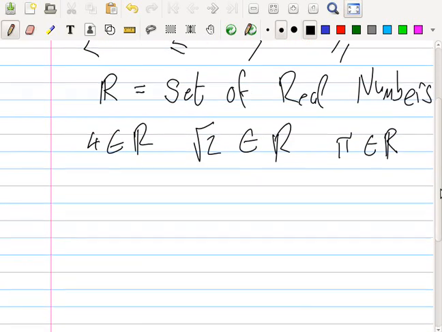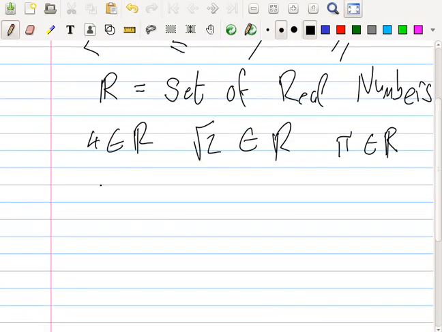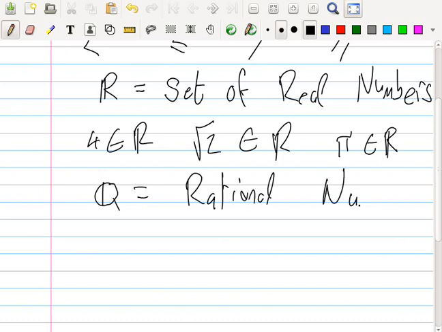The next one now, this one here, this Q, does anyone know this one? Yeah, rational numbers, but what is a rational number? Basically fractions, okay?